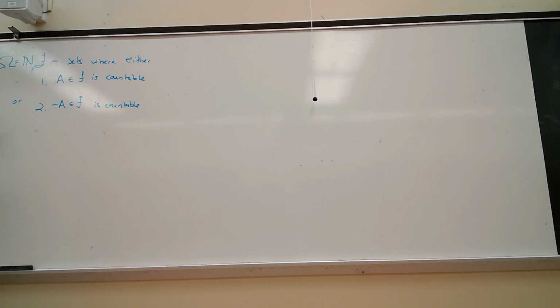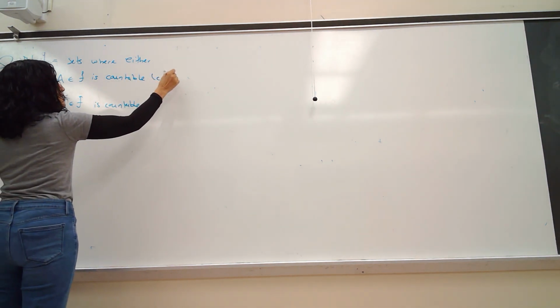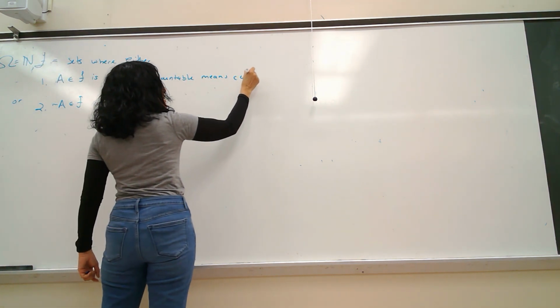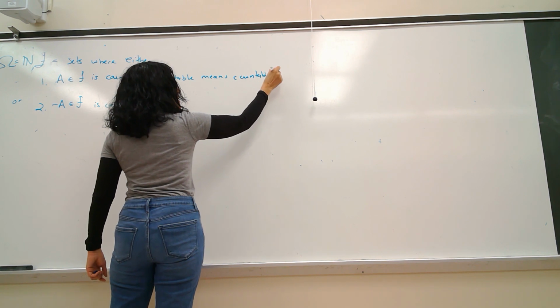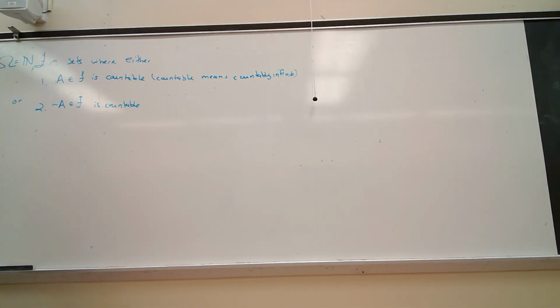Because if A is the set of evens, it's countable. It's countably infinite. So I check off the blocks.